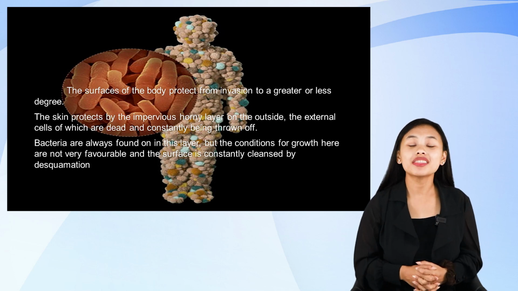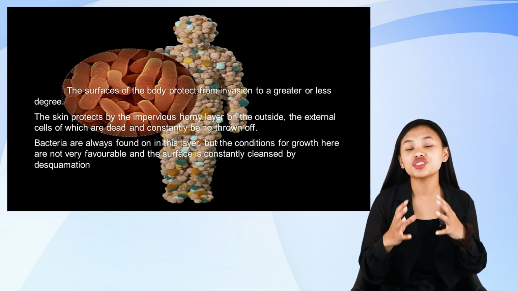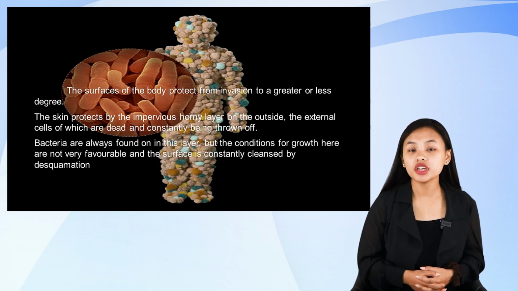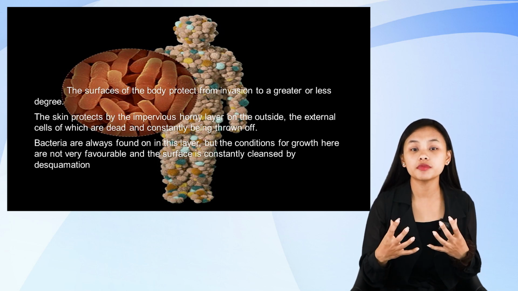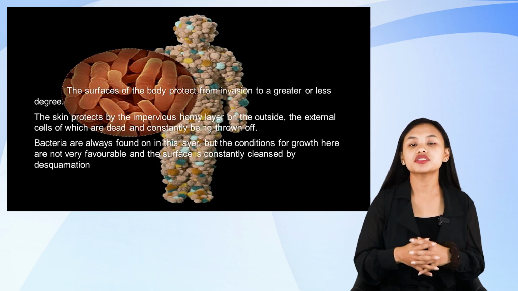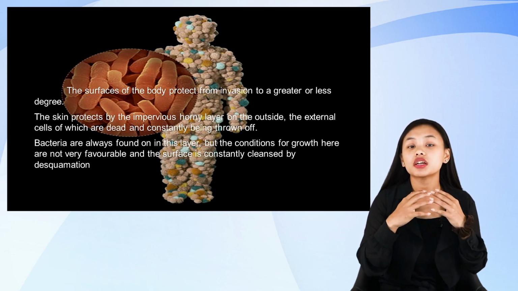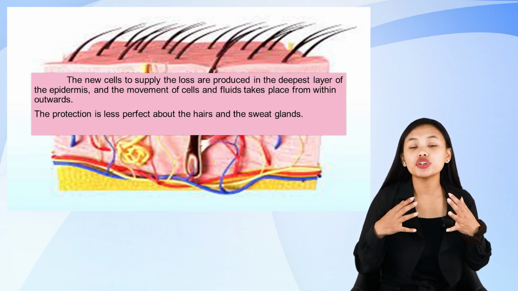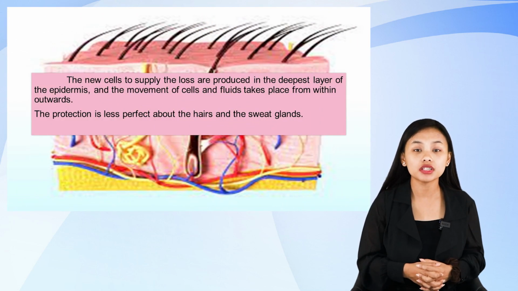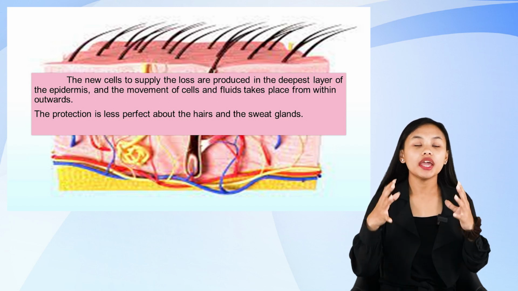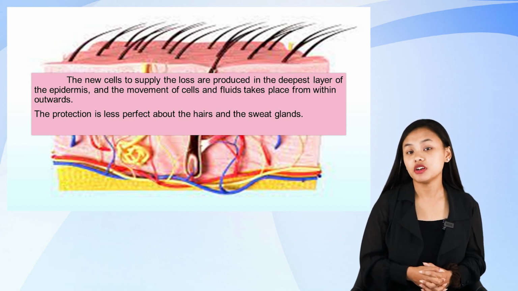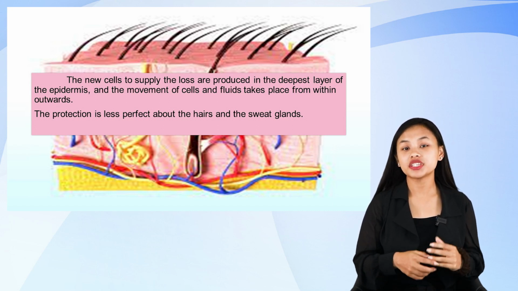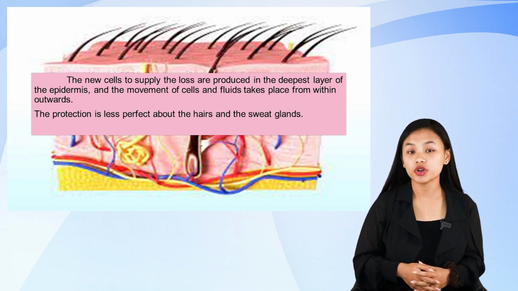It is in this layer that many bacteria will be found. However, the condition for growth here is not very favorable, and the surface is constantly cleansed by desquamation. The new cells that supply the loss are produced in the deepest layer of the epidermis, and the movement of cells and fluid takes place from within outwards.